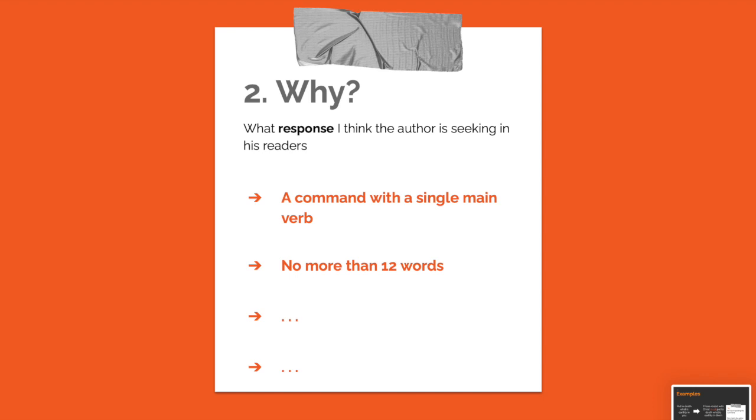It's not just random. And so this why sentence is our attempt to express what we think the author is trying to do in the passage, because that is what God is intending it to do in us, and therefore what we are trying to do with our Bible study in the people who are there. It is literally the purpose that it was written for and why it exists.